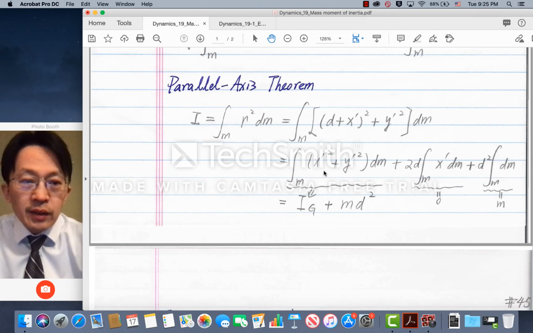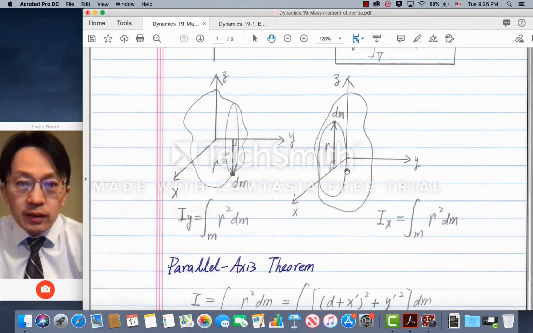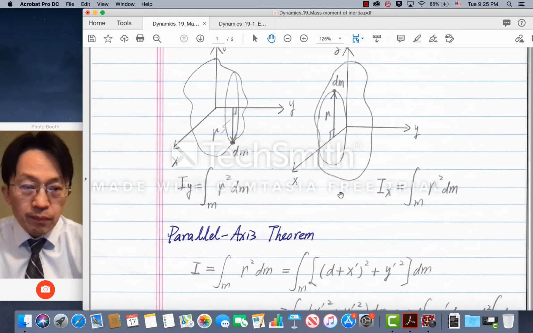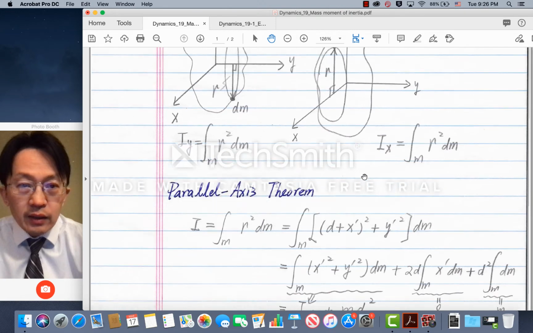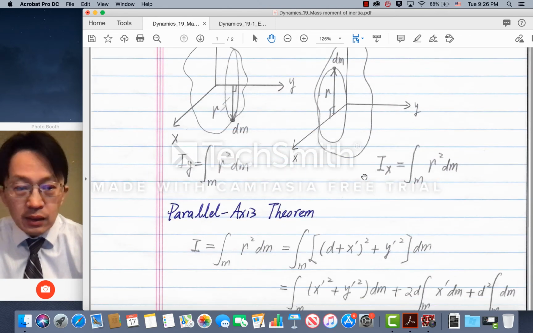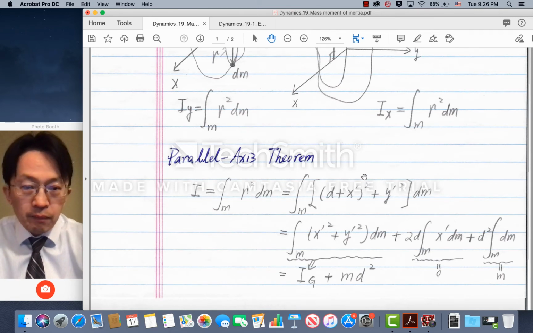Now, the second term, x prime here, because it's integrated over the z-axis, means that along the z-axis, x prime will have positive values and negative values. When we choose x prime and y prime to be at the center of gravity, x prime must have symmetric values along the z-axis, which means that the second integral will eventually be 0.